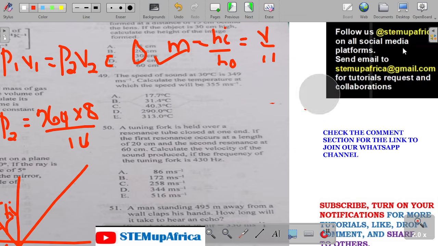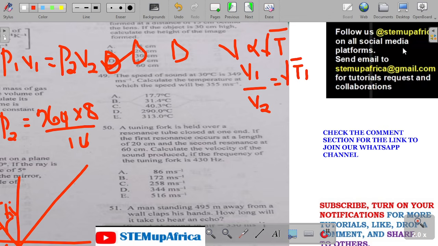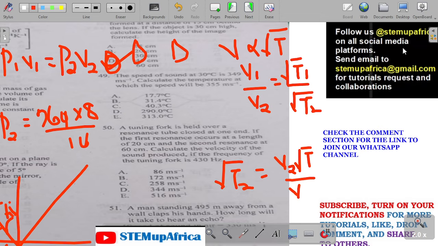Let me erase. So what are we having here? We know that V is proportional to the square root of temperature under sound wave. So I'm going to have V1 over V2 equals root T1 over root T2. Let's find the temperature, which is our T2 now. So root T2 equals V2 root T1 over V1. I'll convert the temperatures to Kelvin.